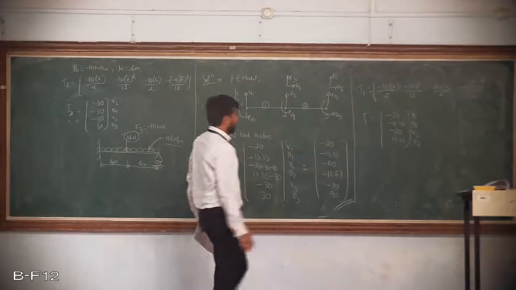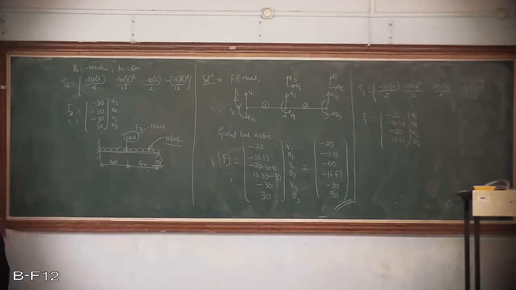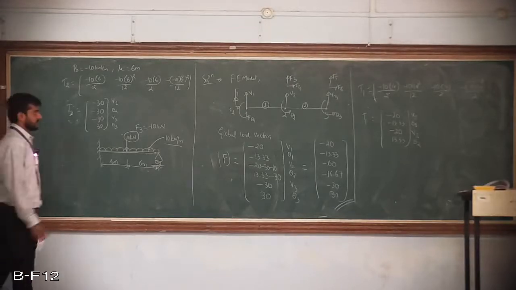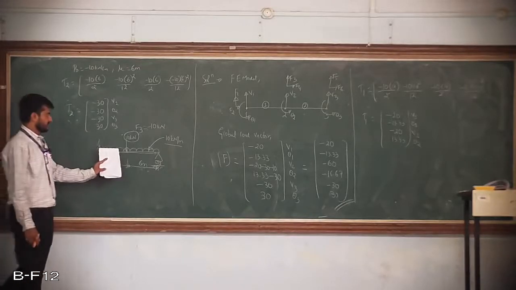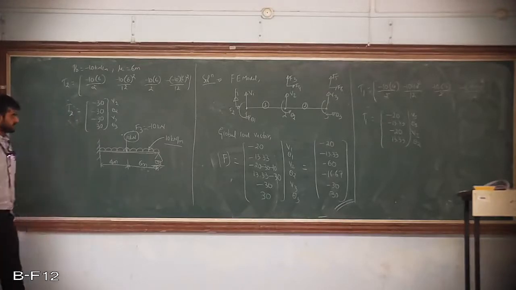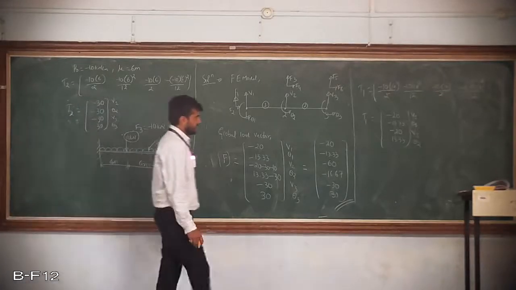So this is the final solution of the problem, where in the question it is told to find the load vector of this combination of UDL as well as point load. So we have used these formulas and we found the load vector.